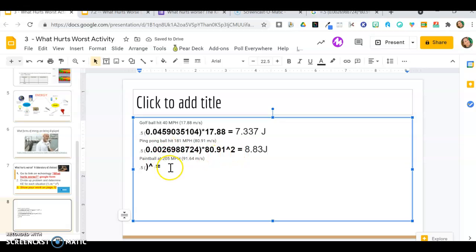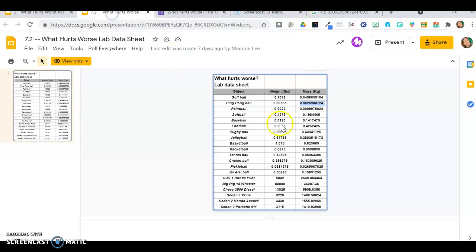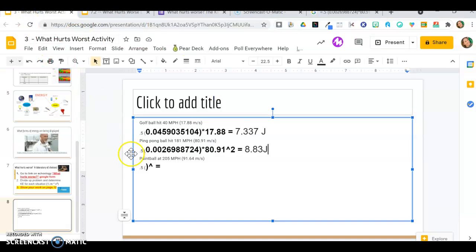Now the last one, we have a paintball at 205 miles per hour. Now the paintball, I know, it's a little bit heavier, so a paintball, this is what I would guess would be the most. Paintball times, and that is 91.64.